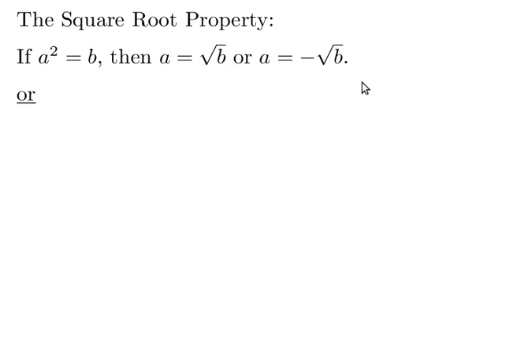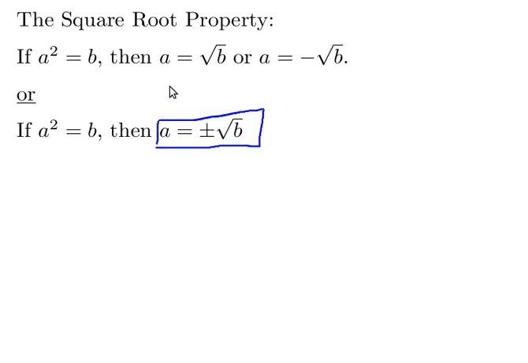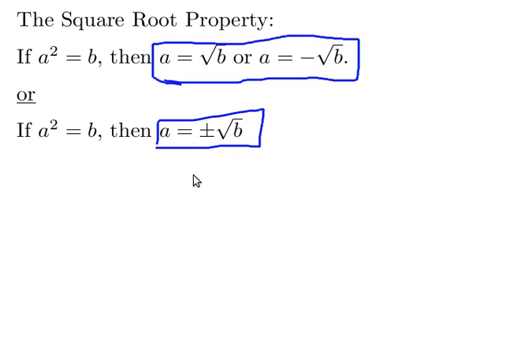The other way of saying this is if a squared equals b, then a equals plus or minus square root of b. So again, notice that this a equals plus or minus the square root of b means the same thing as this. This is just another way of writing it.